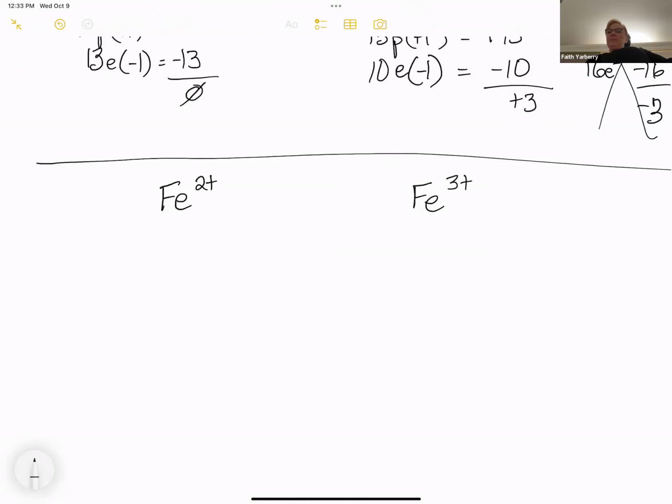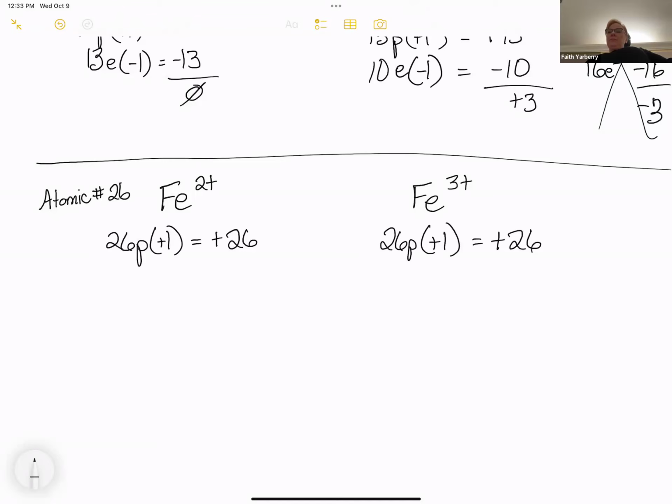Iron is element number 26. So it has 26 protons, no matter what, all carrying with them a +1 charge. How about the number of electrons?